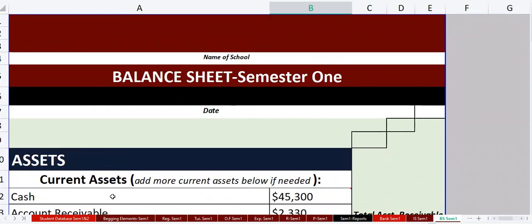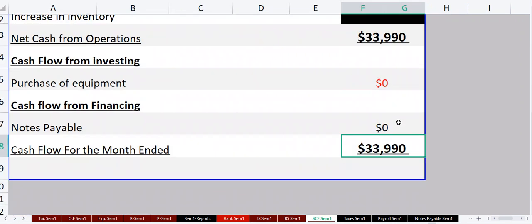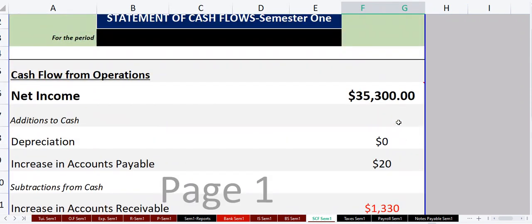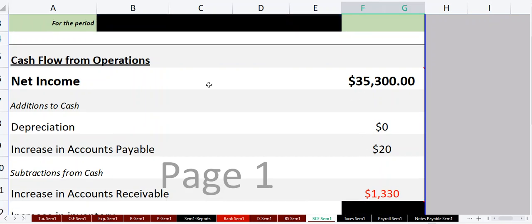Okay, then we continue. There is the cash flow statement. There are other things we are not yet done with here. When we do it, other places will have something nice. You can see the net income is already here, 35,300.